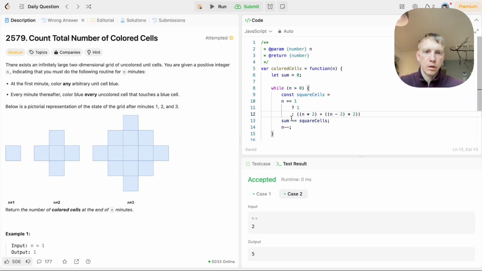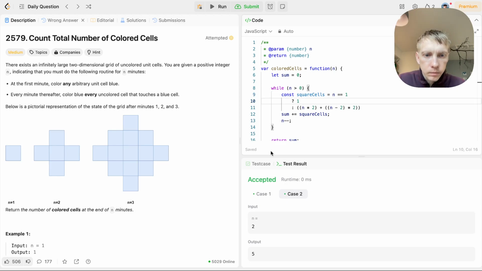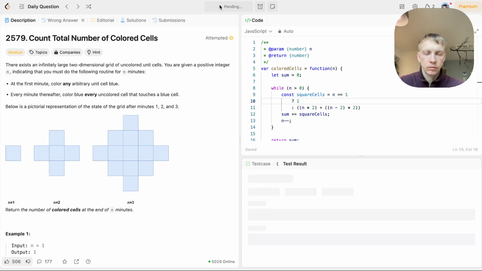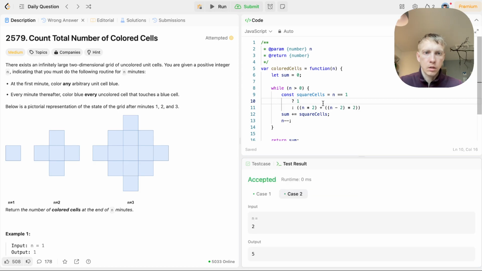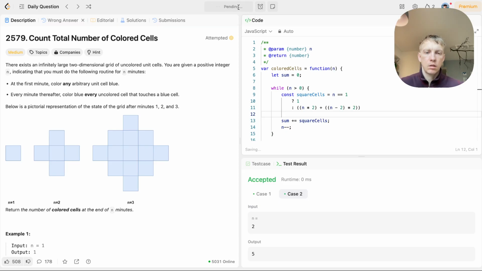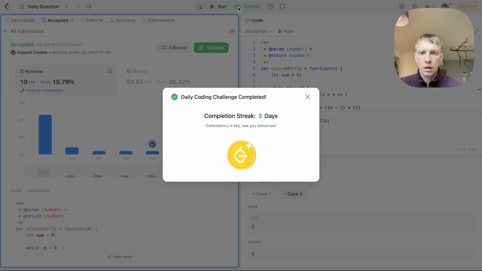That should work, but I'm not sure. We should try. Okay, it works with my cases, and let's try all the other cases. Yep, that's good.